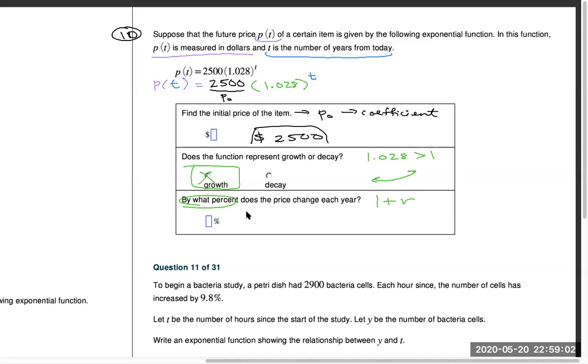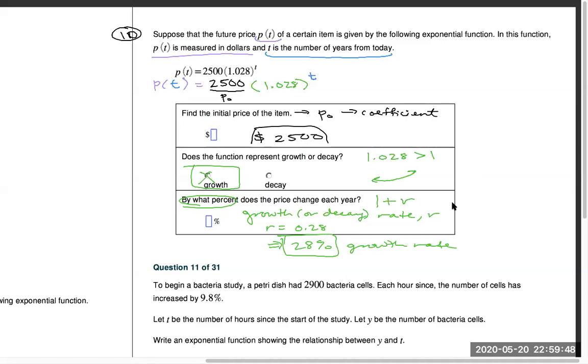This is going to be your growth rate, or decay in decay cases, rate R. So your percentage is going to change by, so you have your rate of 0.28, okay, which means you have a 28% growth rate. So 28%.